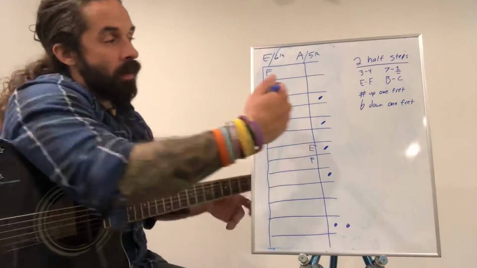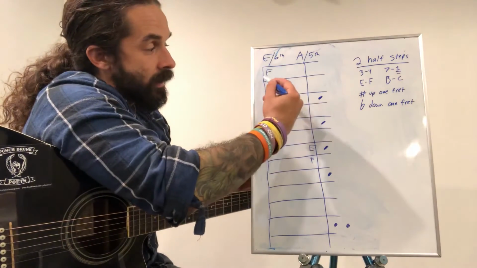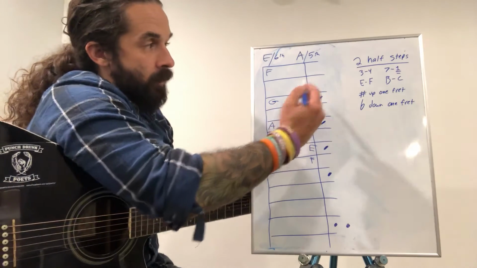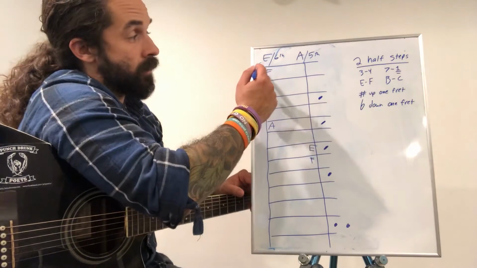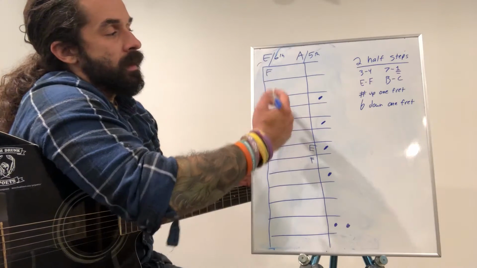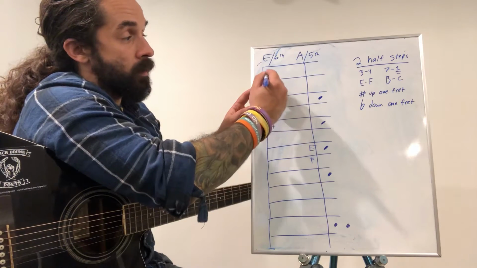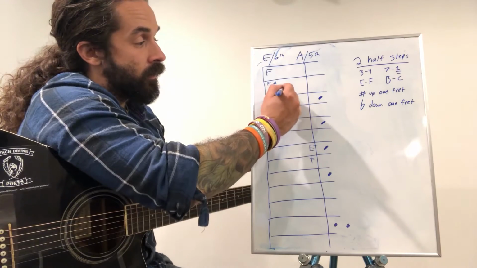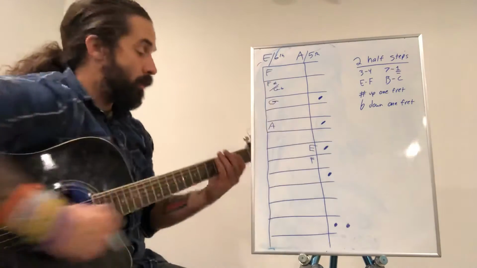So if I have my F here, my G is 2 frets away, because it's not E to F or B to C. E to F and B to C are the only ones that are right next to each other. So I have an F, I found my G. That means in between is an F sharp, because I'm 1 fret ahead, or a G flat, because I'm 1 fret behind. That is the same note.